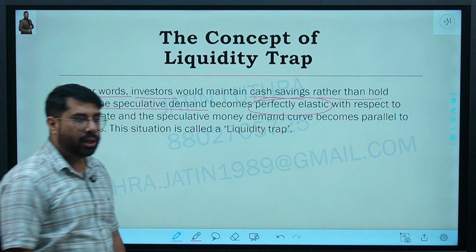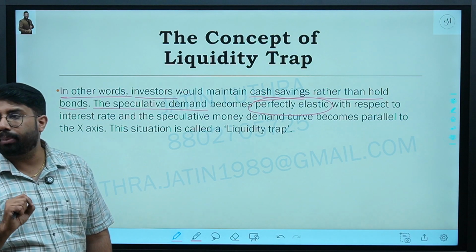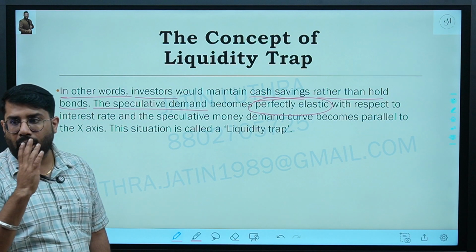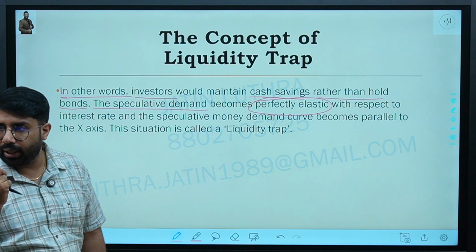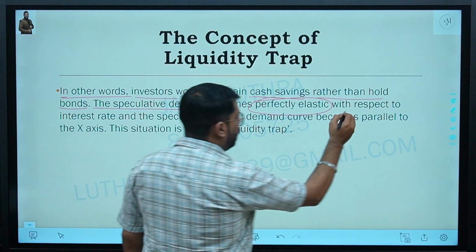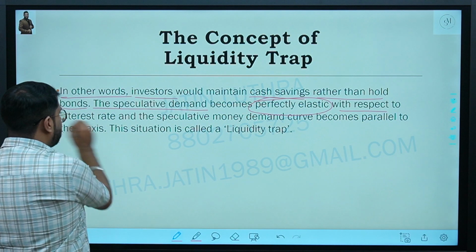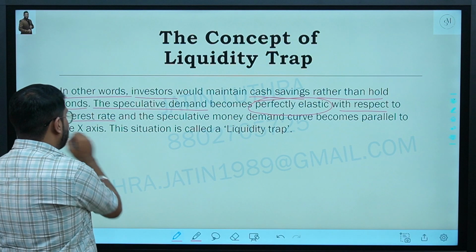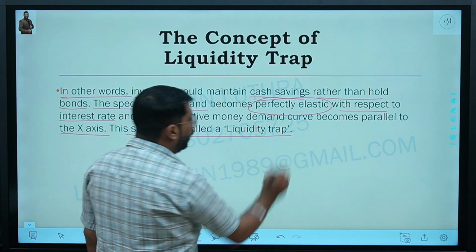What is perfectly elastic? A very small change in price, or no change in price, will decrease your demand to a dramatic level. Are you clear? So the speculative demand becomes perfectly elastic with respect to interest rate, and the speculative money demand curve becomes parallel to the x-axis. This situation is called a liquidity trap.